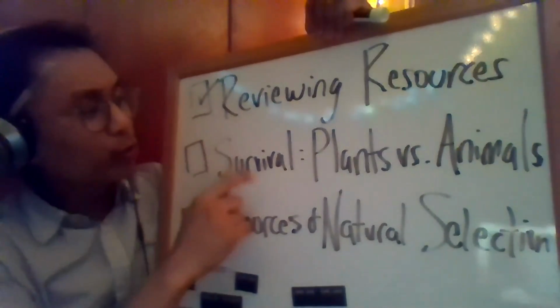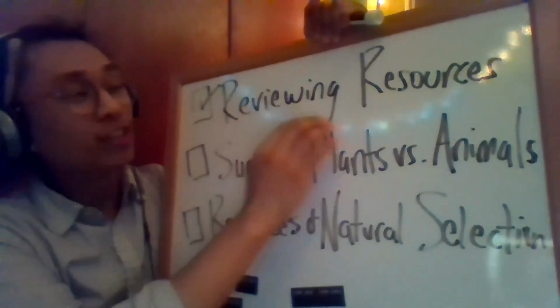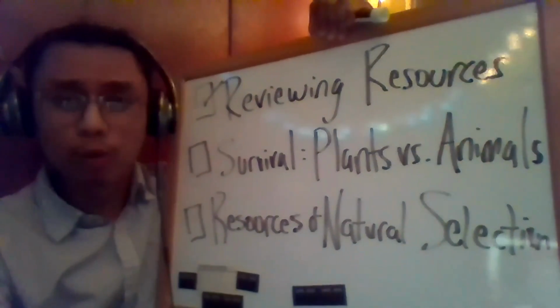So let's tackle real quickly survival: plants versus animals and how they relate to the resources in our world. So here I have an example of a plant, my sunflowers in my room, and an animal, me, Mr. Ramble, as our two prime models of how our resource needs are similar and different.